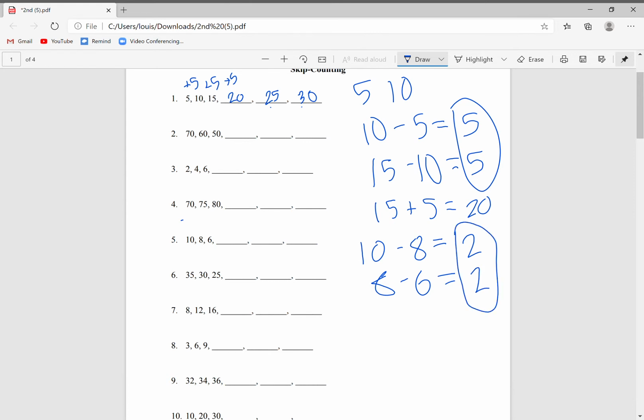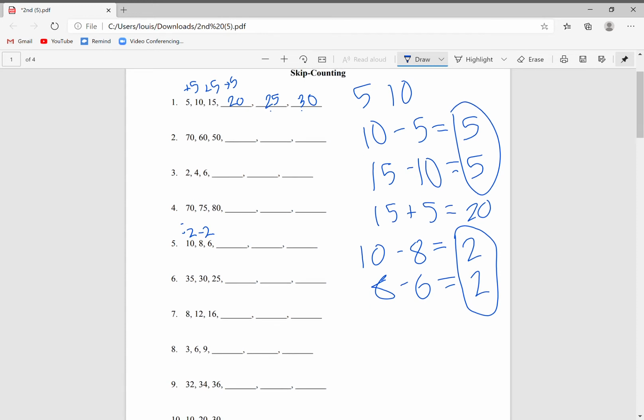However, rather than adding by 2's, because it's decreasing from 10 to 8 to 6, you would instead subtract by 2. So, from 6, just like number 1, 6 minus 2 would equal 4. 4 minus 2 would equal 2, and 2 minus 2 would equal 0.